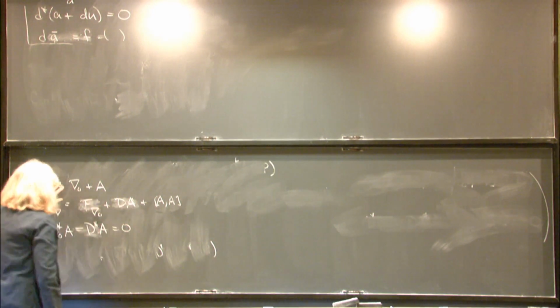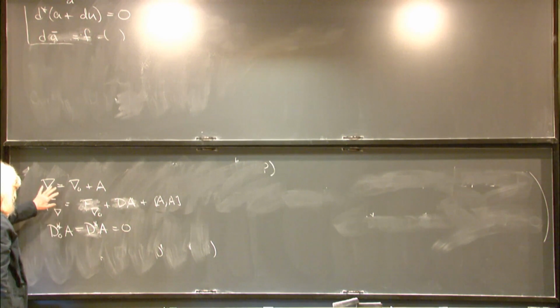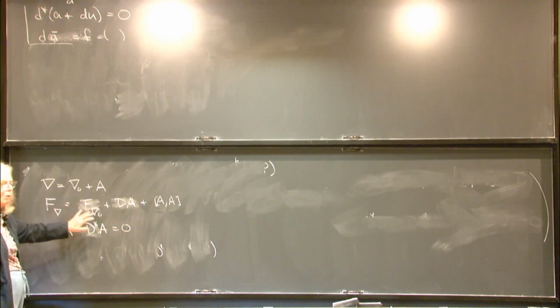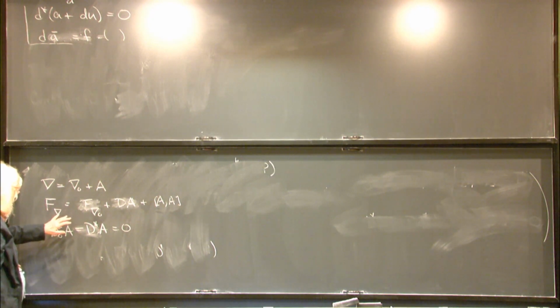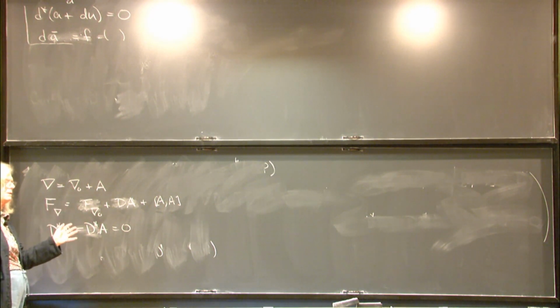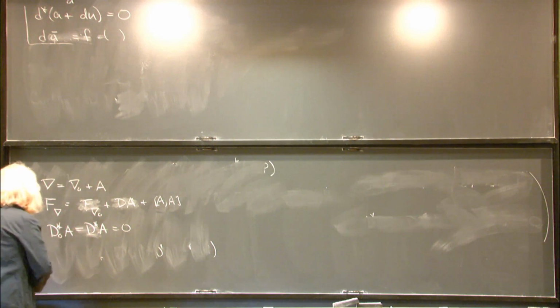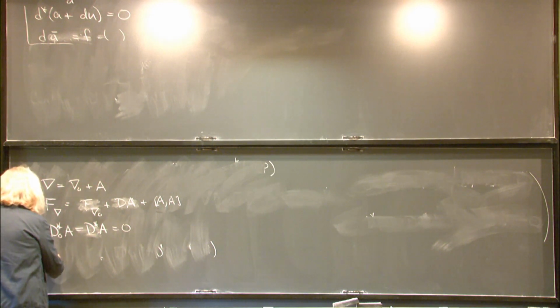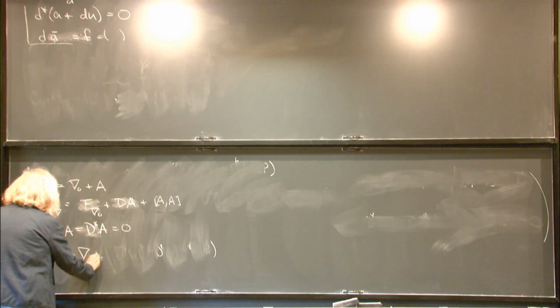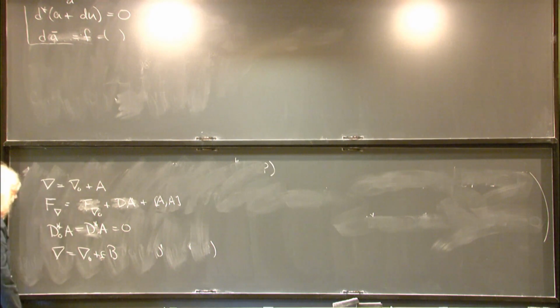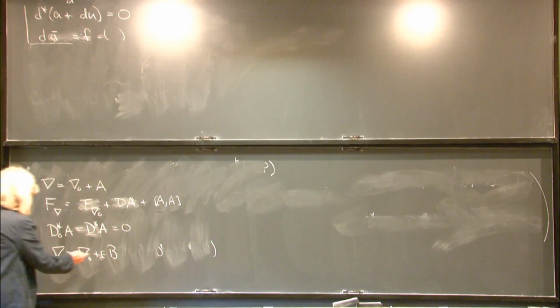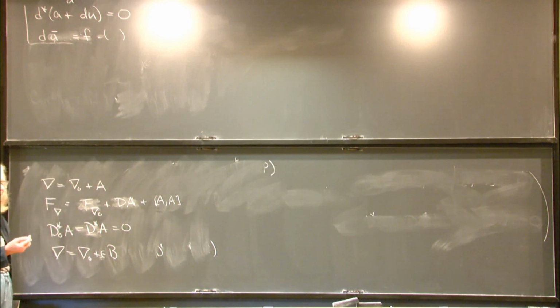So this problem is solvable in the small. And in fact, when you're actually looking at perturbations of connections, that is, you're looking at a connection which is the base connection plus epsilon b, and you want to know what a gauge transformation that puts the small bit in the slice is.